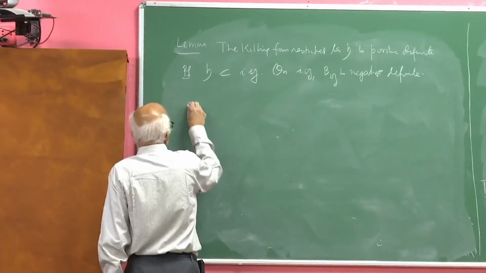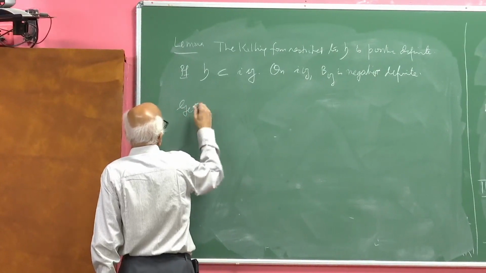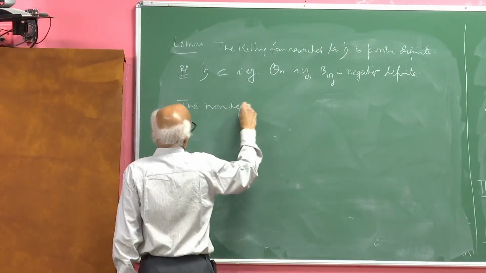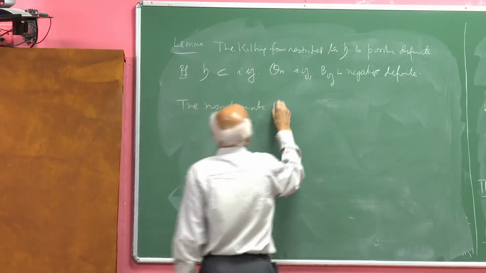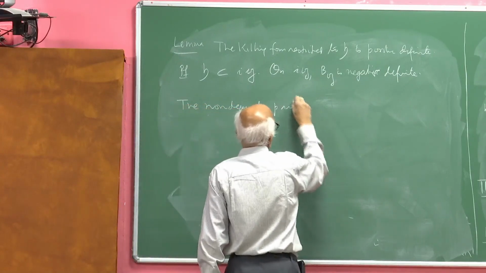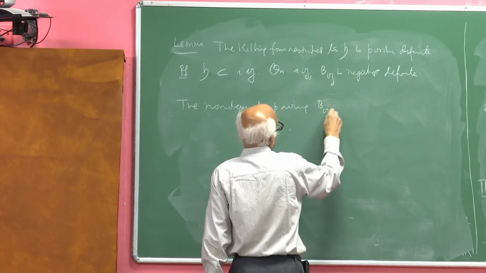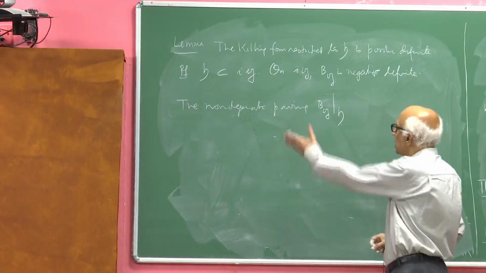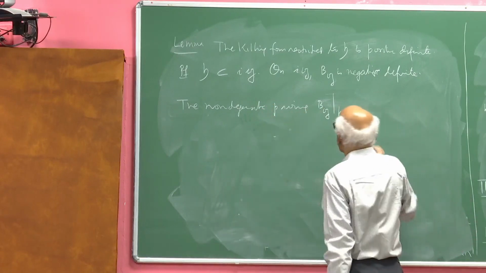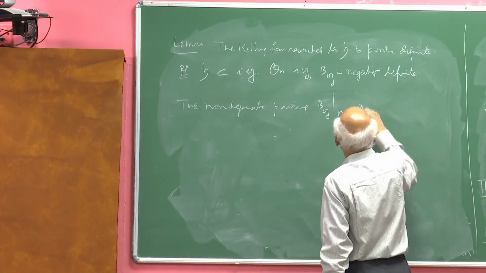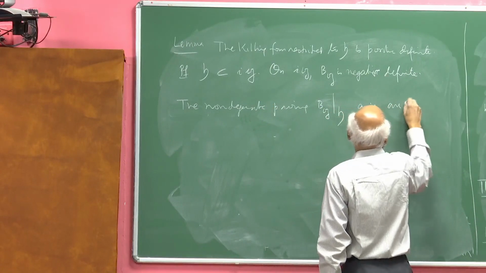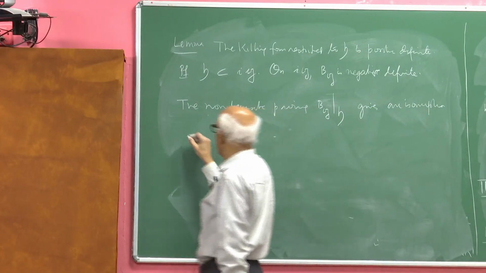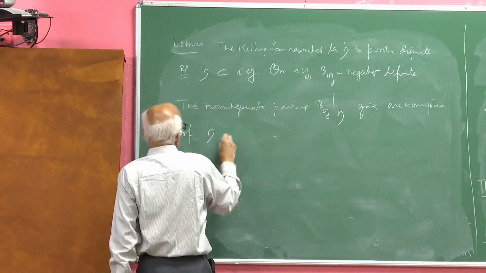So you get a non-degenerate pairing, the Killing form restricted to H, actually a positive definite pairing, which gives an isomorphism of H onto its dual.